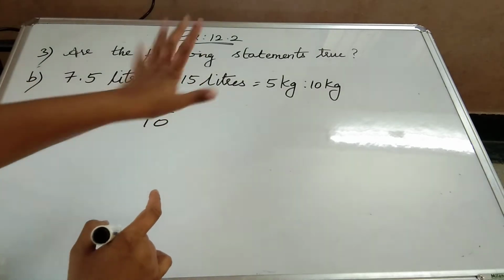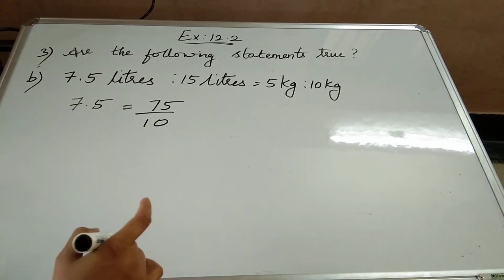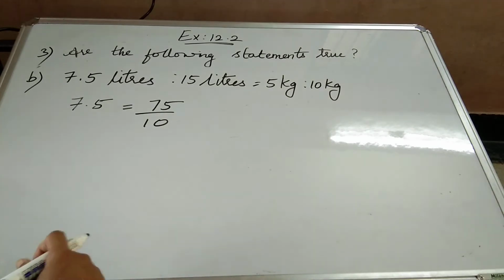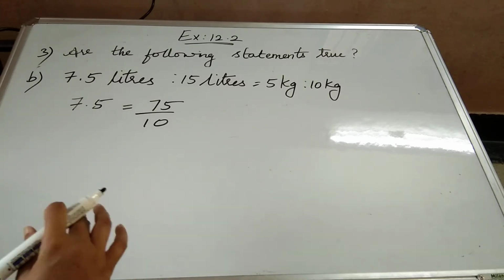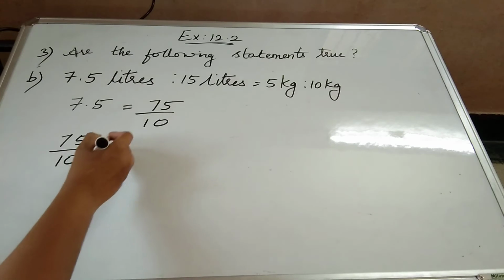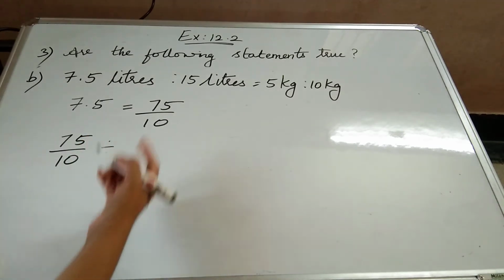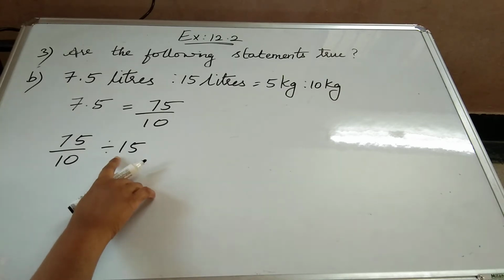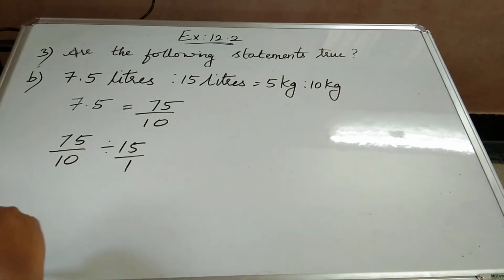Here 15 liters is not a decimal, only 15 we have. So only this we are writing in the form of a fraction. Now 75 divided by 10 divided by 15. 15 is a whole number, that means 15 divided by 1.